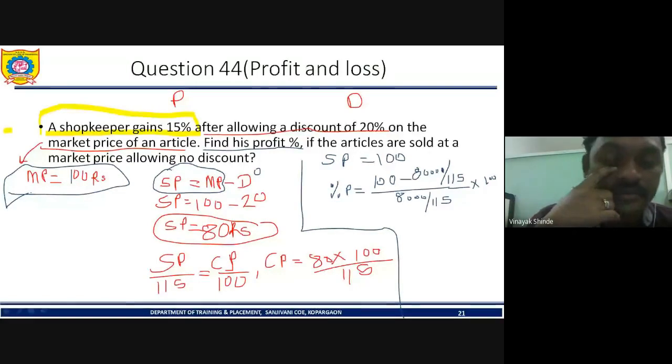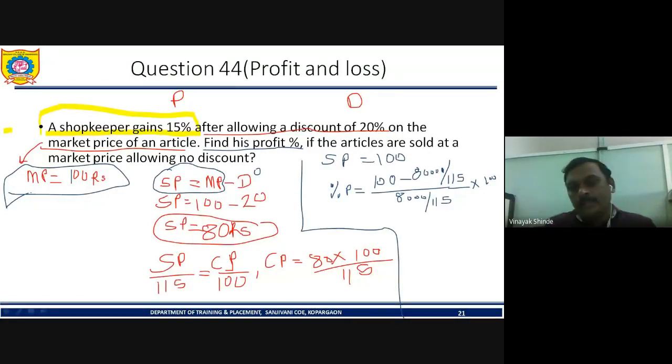So 100 minus 20 is 80. Then we calculated the cost price of that article by the formula selling price divided by 115 is equal to selling price by 100. And then the other case, which is without discount: selling price is 100. Now substitute the value of 100 as the selling price and calculate the new profit. Let us check how many of you have given the answer.